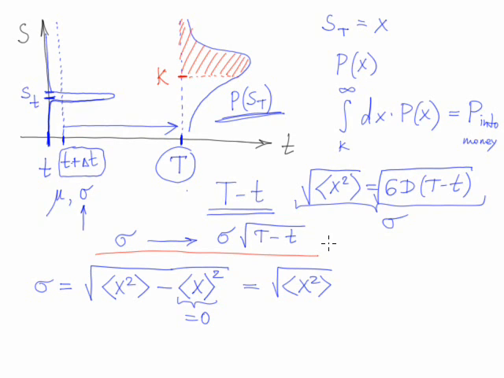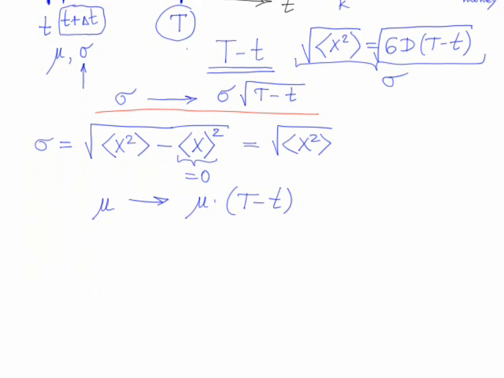And what about the instantaneous rate of return, mu? It looks like mu should be easily scaled as mu times large t minus small t. But in fact it's not correct, and let's see why.